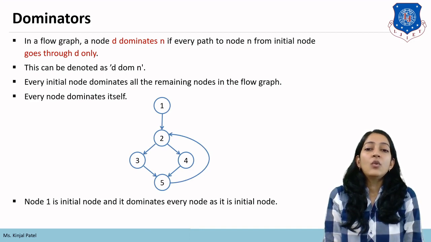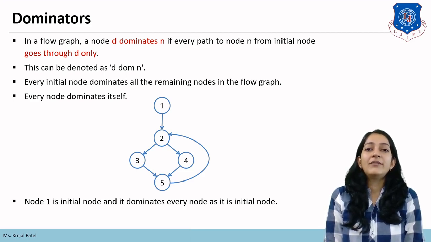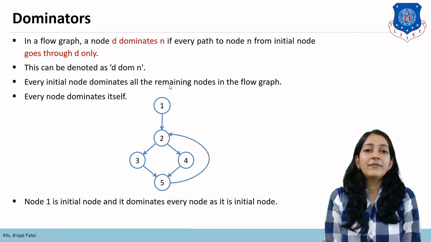Here node 1 is the initial node, so it will dominate all the nodes of the flow graph, and 1 is a node, so it will also dominate itself. So 1 will dominate 1, 2, 3, 4 and 5.